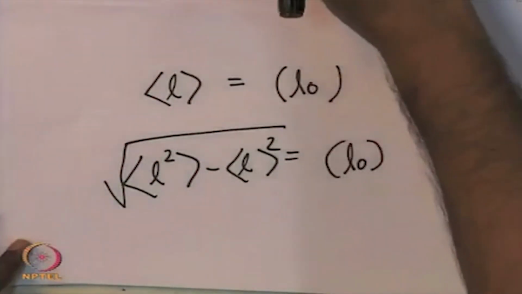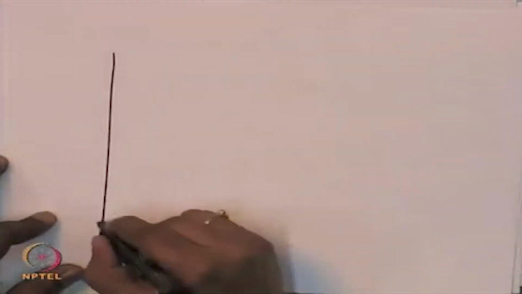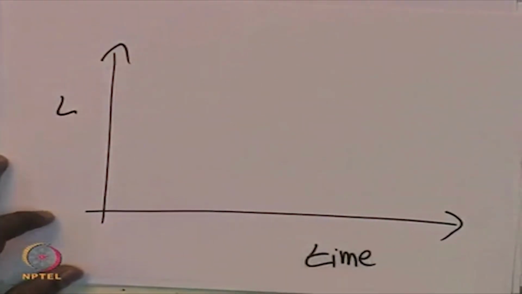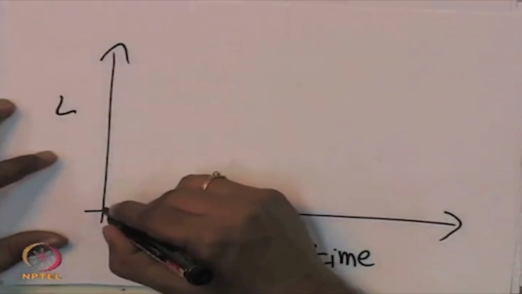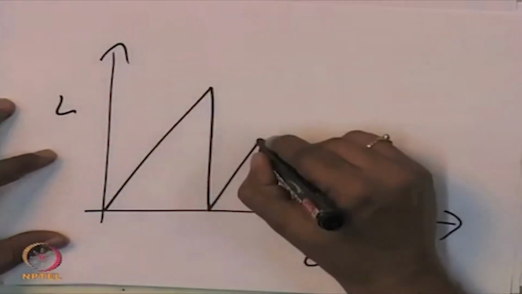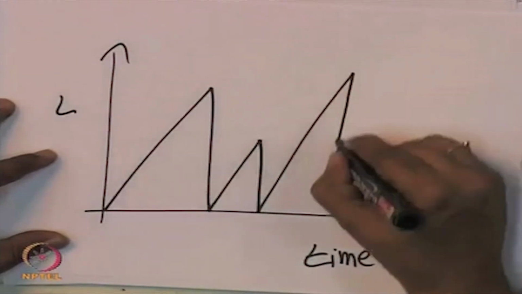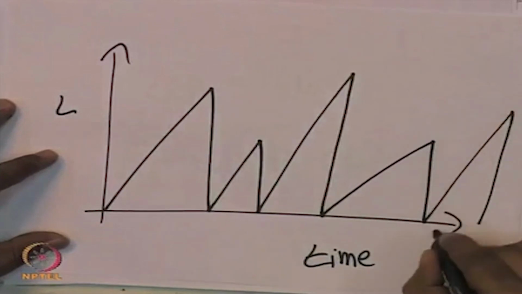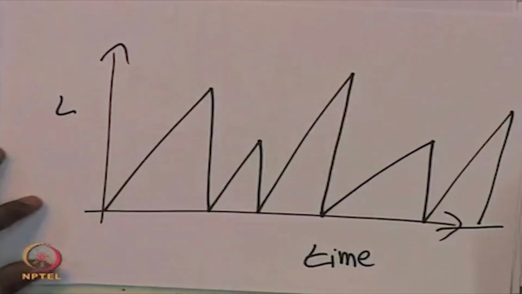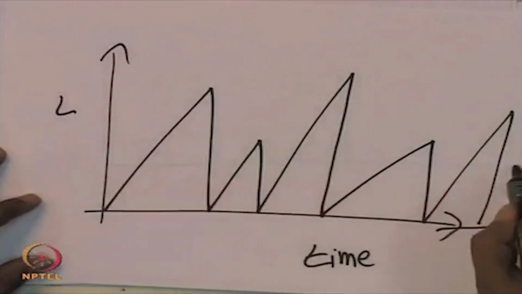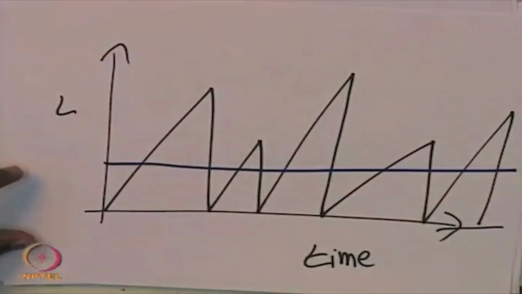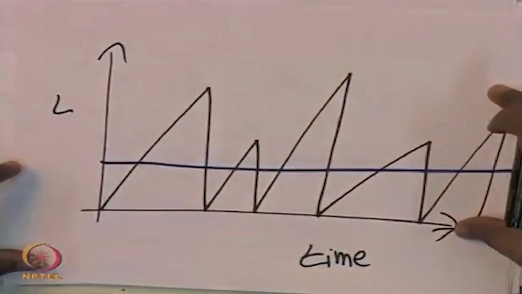What does that mean for a microtubule? That means that if you look at length versus time, for a microtubule, what do you find? It grows, shrinks, grows, shrinks, grows. If you just follow this growth and shrinkage, the average length you see and the standard deviation, the deviation from the average, are roughly the same.